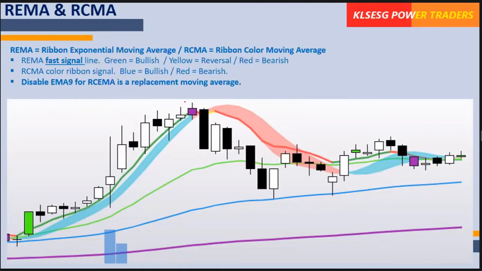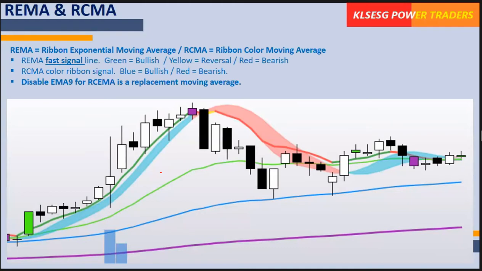To use this indicator is very simple. Just look at the line and the ribbon. As long as it's green, you have support. This line will actually replace the EMA 5. Some people use EMA 5. And this ribbon replaces the EMA 9 or EMA 10. Some people use that one. So we no longer use EMA 5 or EMA 9, this kind of thing.